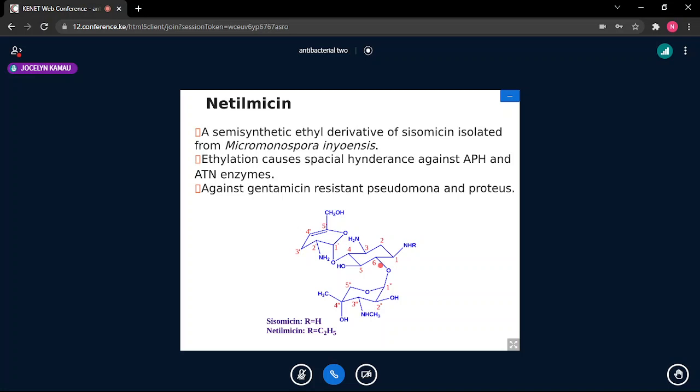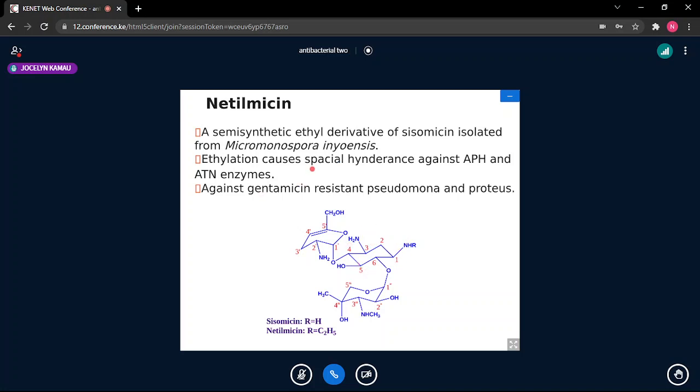So the ethyl group here increases the electronic cloud, and in doing so increases the steric hindrance, so that the incoming enzyme, which is supposed to destroy the drug, is not able to destroy it, and therefore that particular drug remains stable even in the presence of those enzymes that are being produced by the microorganism. Therefore, that drug can have more resistance, more stability towards the resistance that is brought about by specific enzymes.